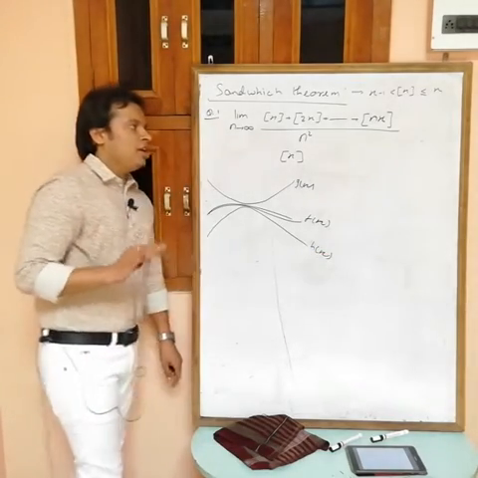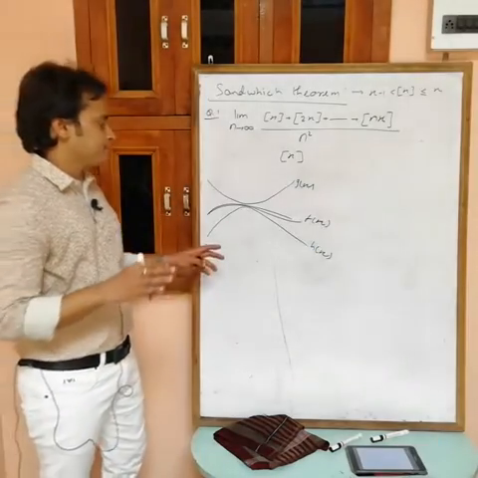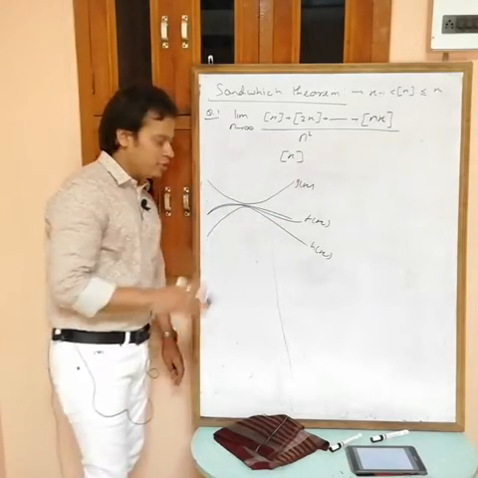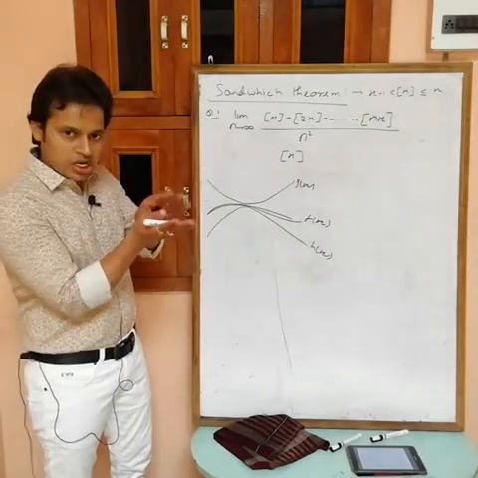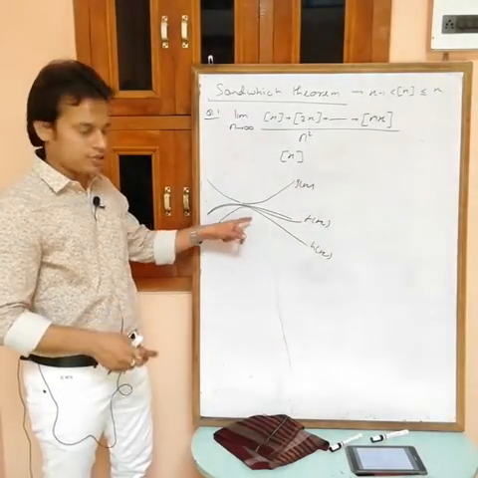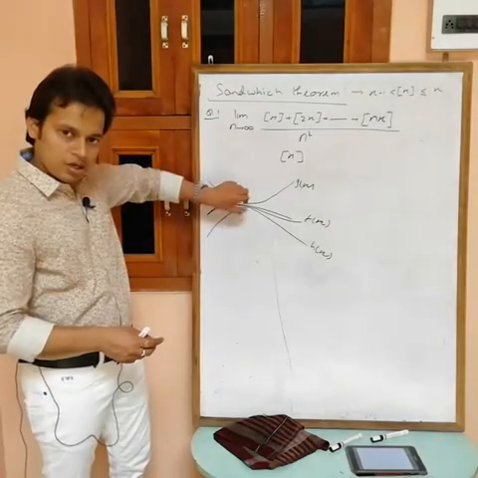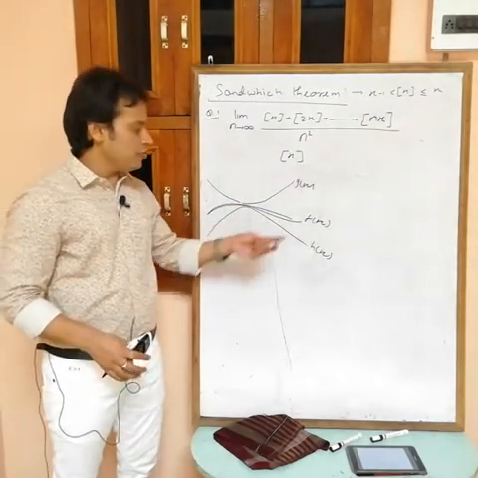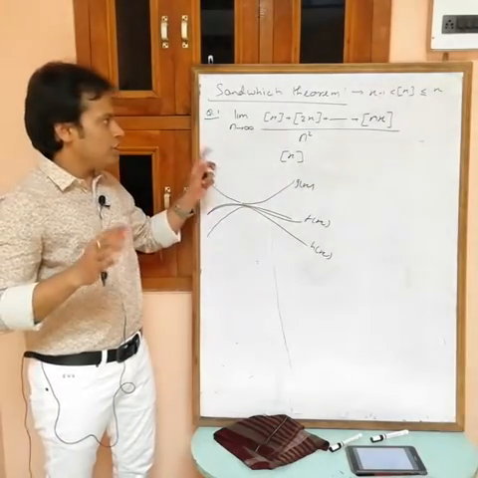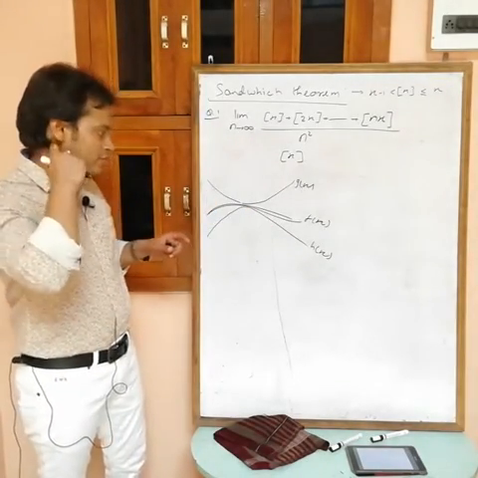If you know that this function always lies between these two, it means it is like a sandwich between them. So if any function always lies between two known functions, then you can use the sandwich theorem.